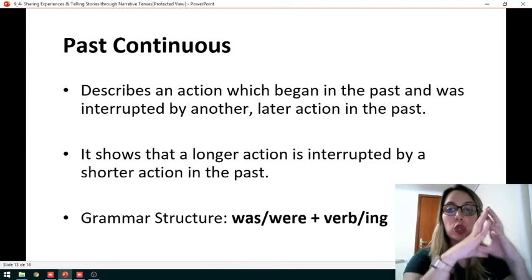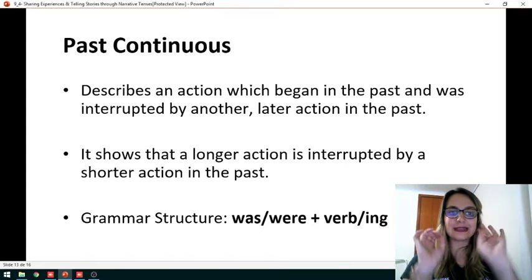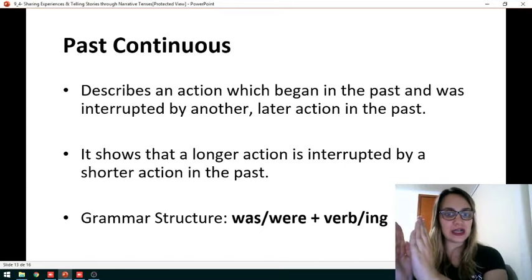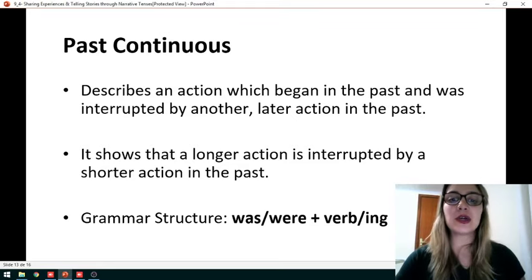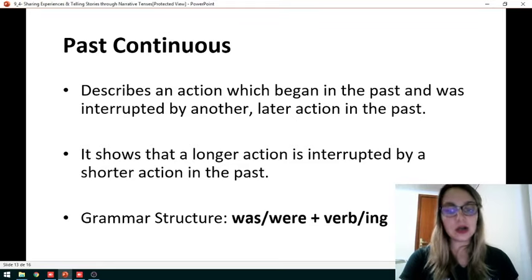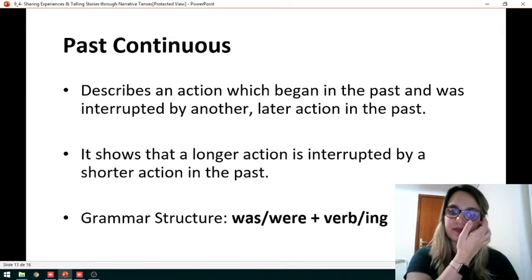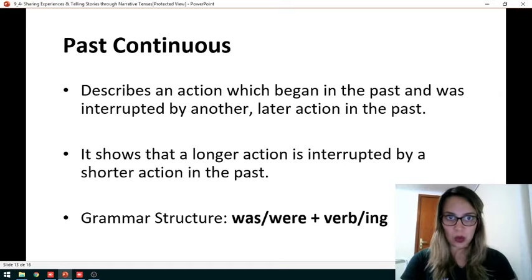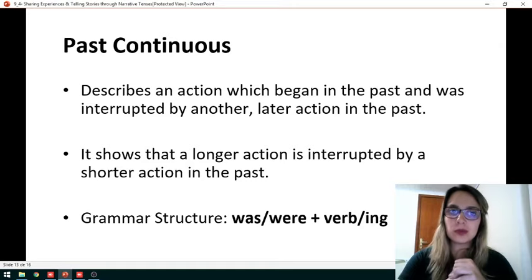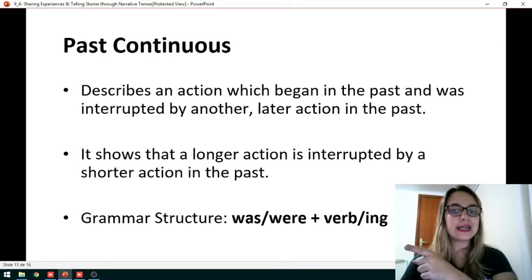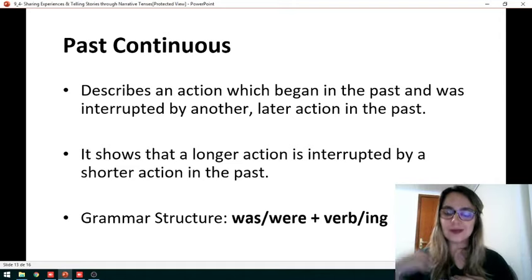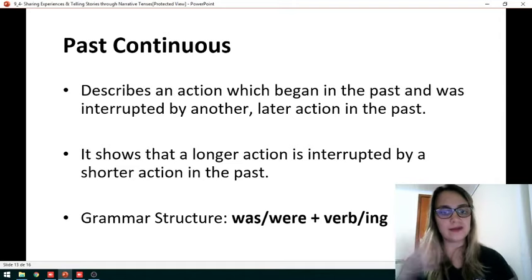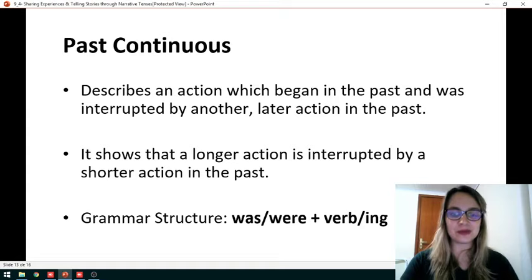So it shows a longer action that is stopped by a shorter action in the past. Here we always use was or were, depending upon the subject, with our verb with ing. Remember, I was. You were. He, she, it was. We were. They were. Depending upon the subject, it's going to change.